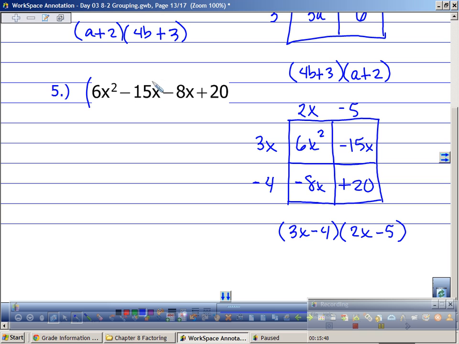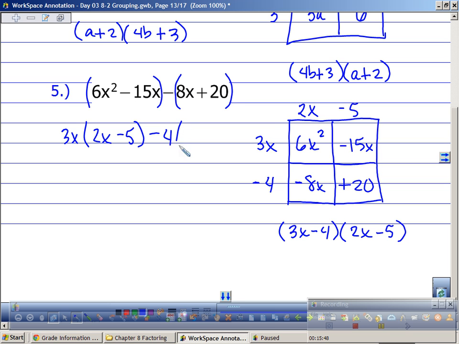All right, let's do it this way. I would group these. You don't have to do this. This is why this works. 3x is my common factor here, and I'm left with 2x. 3x times what makes negative 15x? Negative 5. I have a subtraction sign here. This is where it gets tricky when you do it in this method.